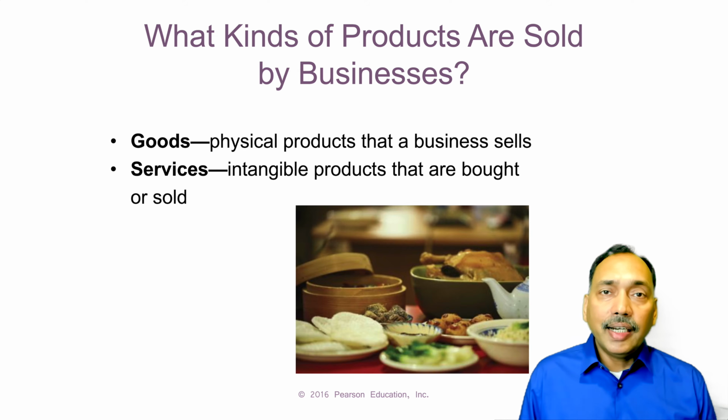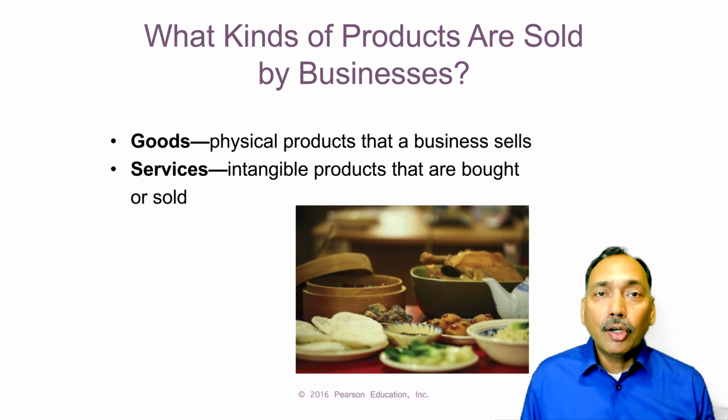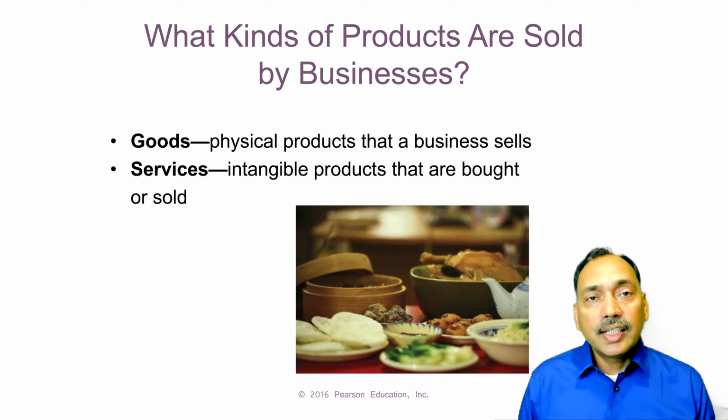On the other hand, when we talk about services, services are mainly intangible. When you go seeking legal advice, you will not find legal advice kept on a table that you can pick up in your hand and see. So services are mainly intangible. A haircut is another example of services.